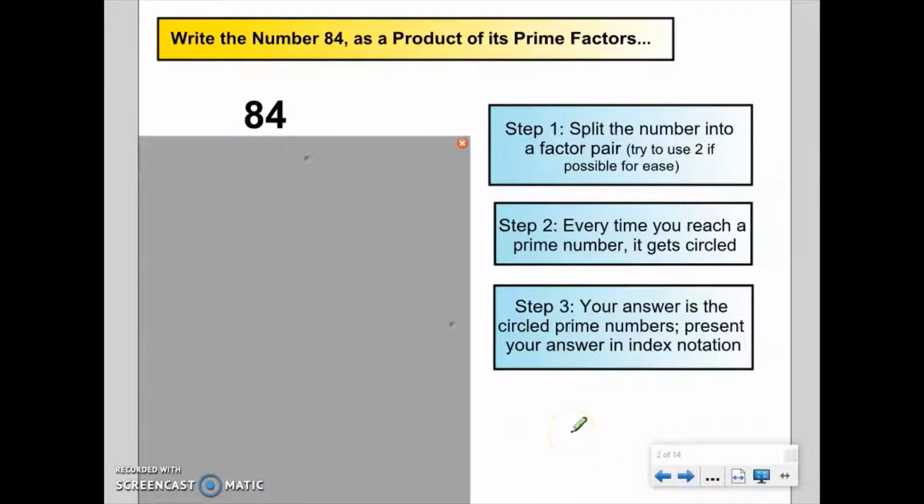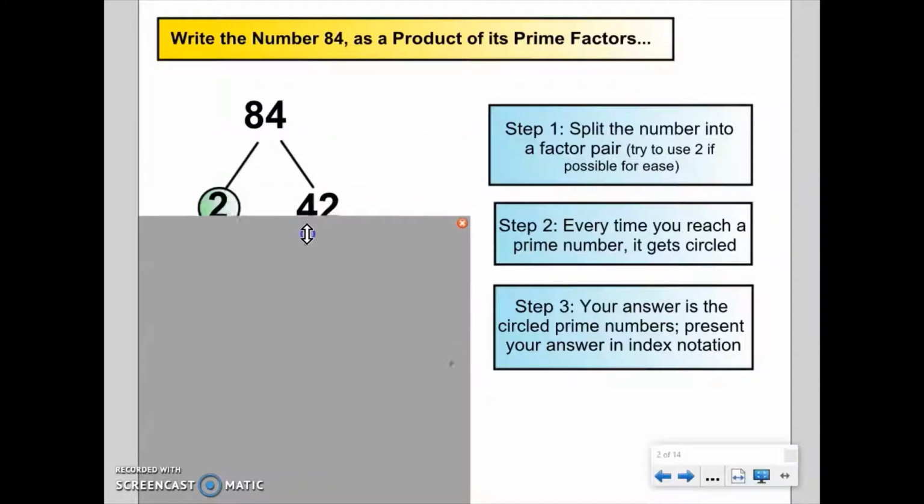Let's try another example. If I'm starting with the number 84, first thing I'm going to do is split it into two factors. I'm going to use the number 2 because it's a little bit easier for calculating. So I'm going to split that into 2 and 42, and I've circled the 2 because it is a prime number. 42 is not prime.